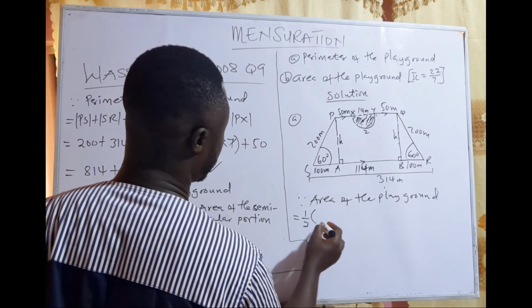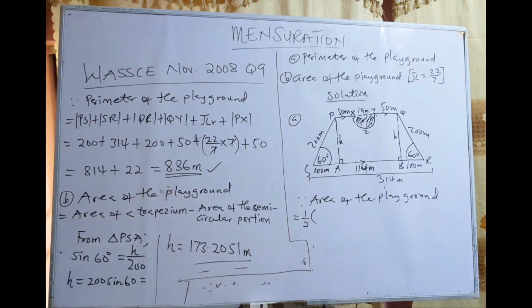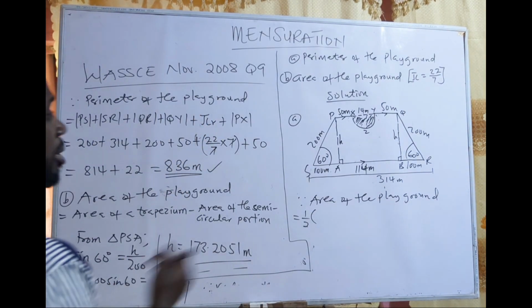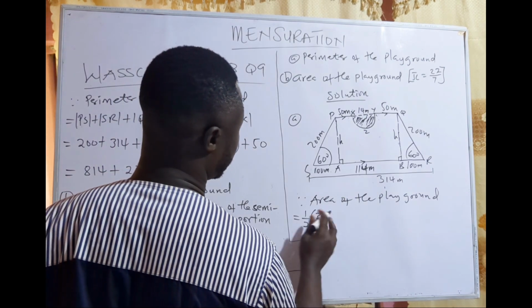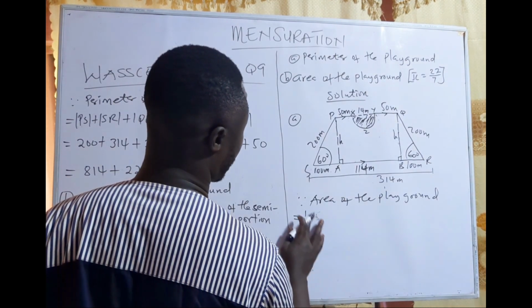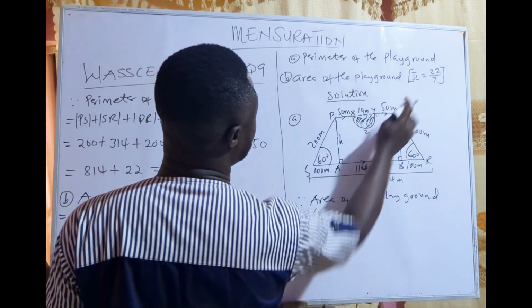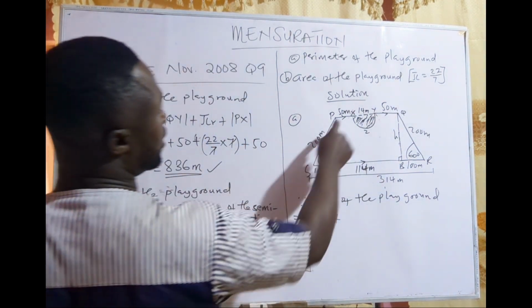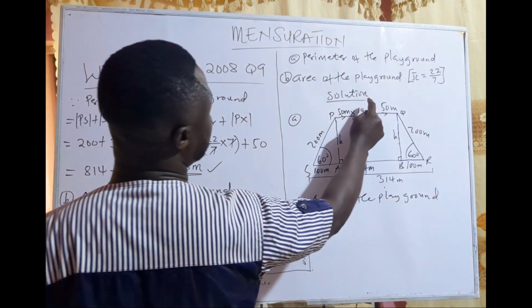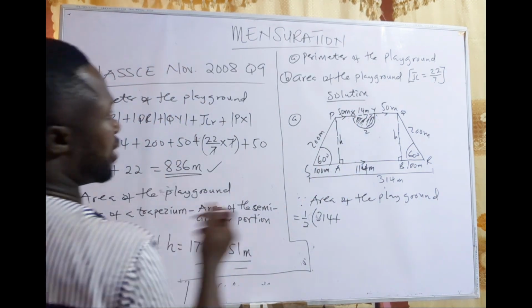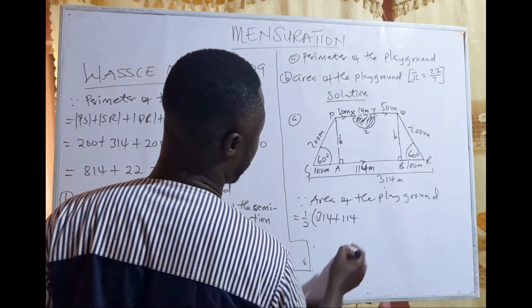Half times the sum of the parallel sides, 314 plus PQ, which is 50 plus 50 plus the 14 there, which is 114.